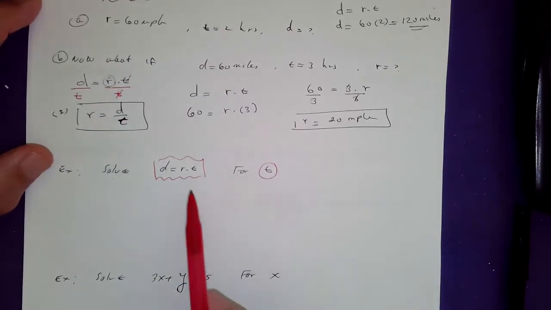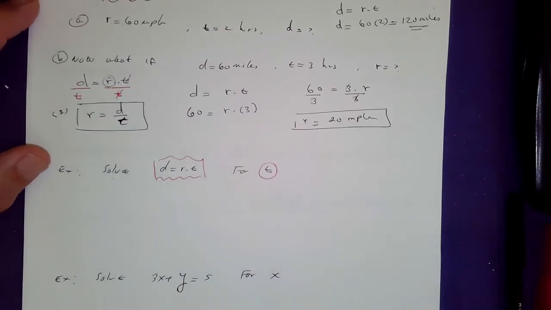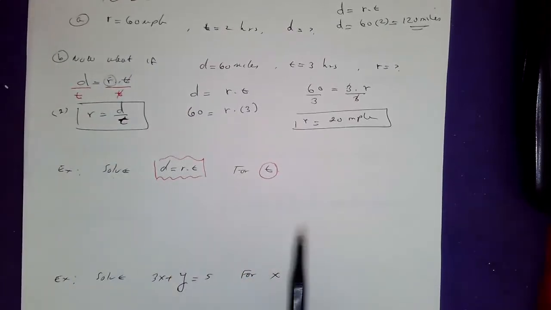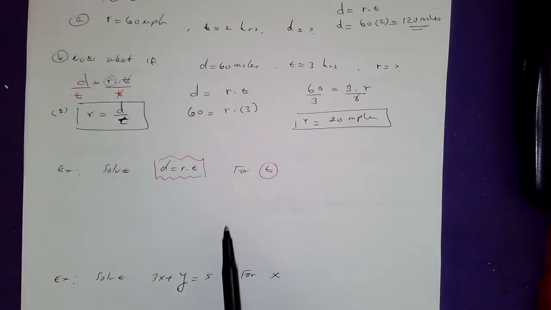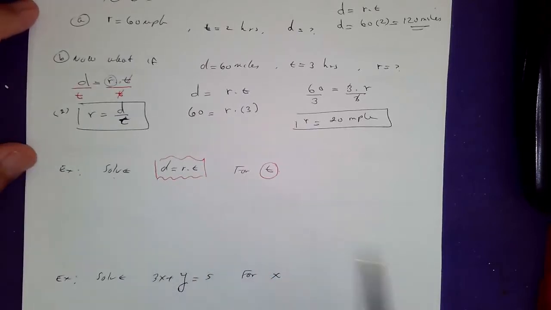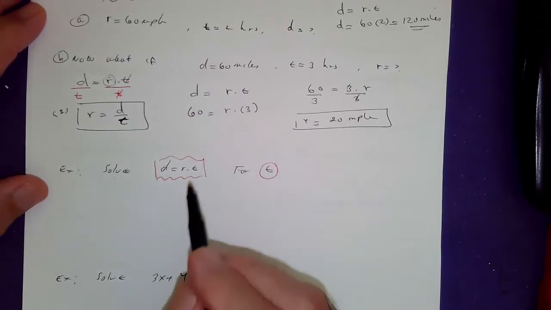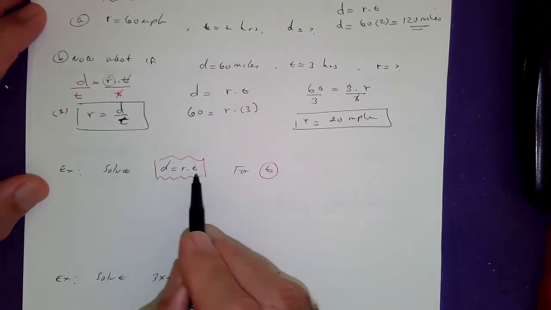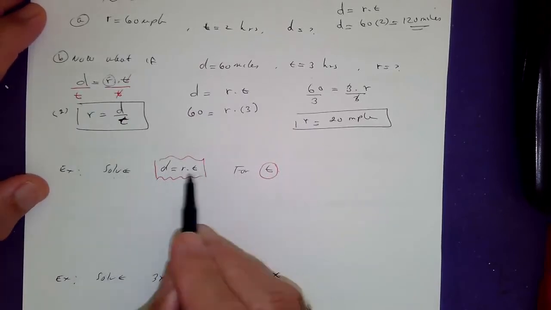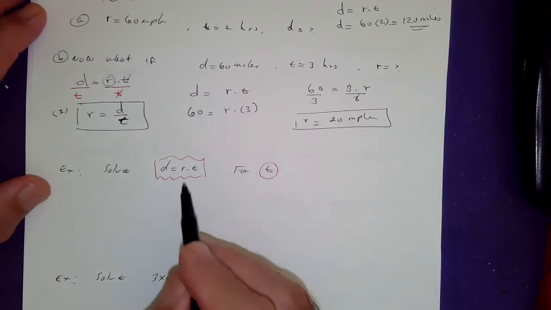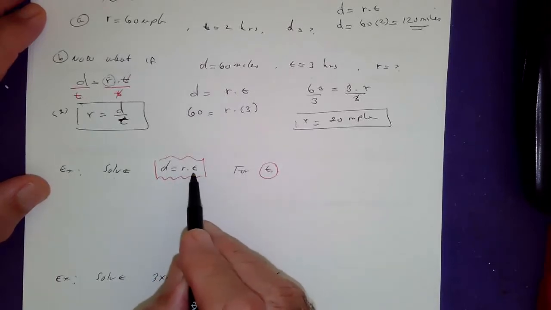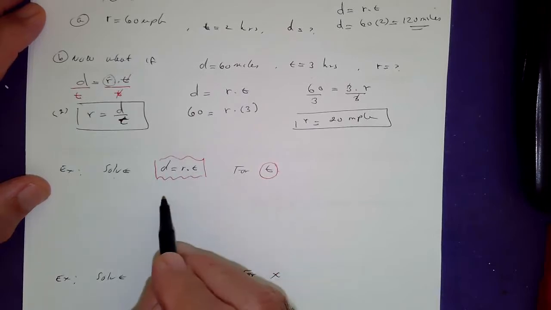So we'd like to isolate t. We'd like to manipulate this formula such that t is on one side of the equation and everything else is on the other side of the equation with no t in it. So just like before, I look at the side of the equation where t is, because I was asked to solve for t. I see it's on the right side, and there's a multiplication sign between r and t.